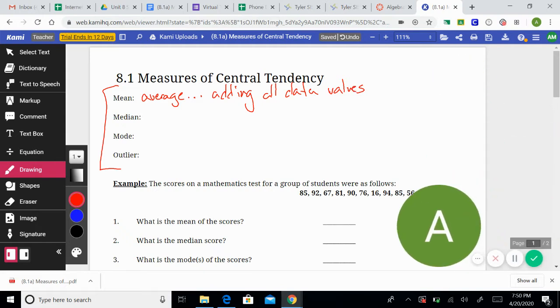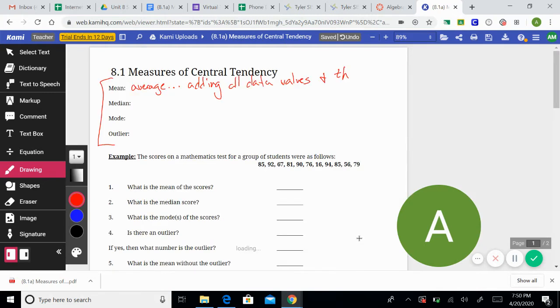We're going to add all the data values and then, sorry guys, I don't know what's going on, and then divide by the number of data. Okay, so let's go ahead and come down here and try this out.